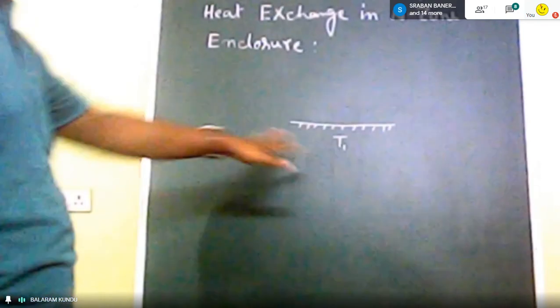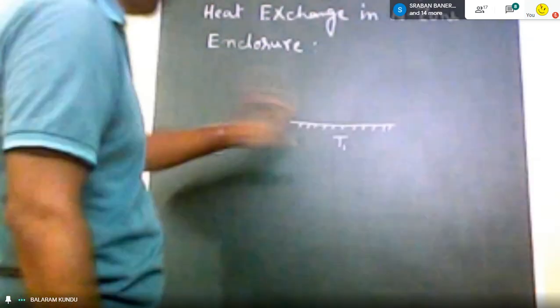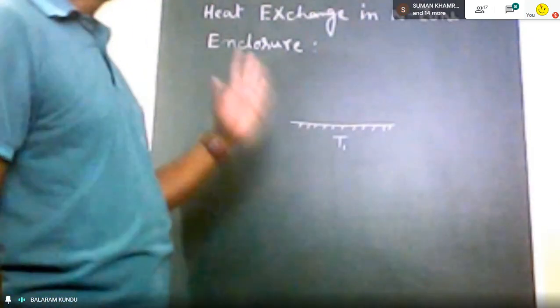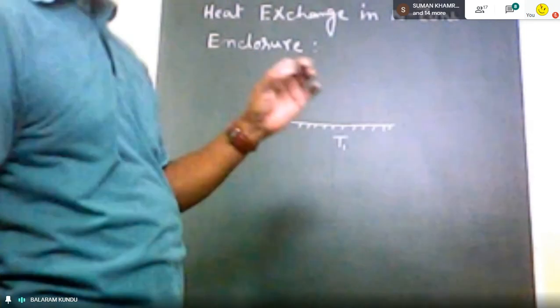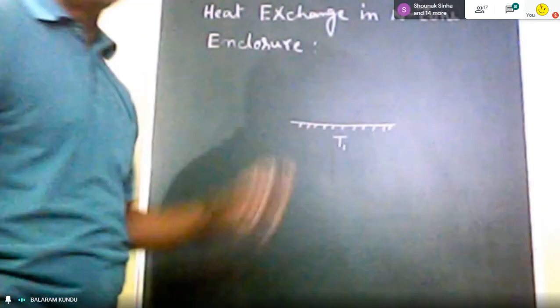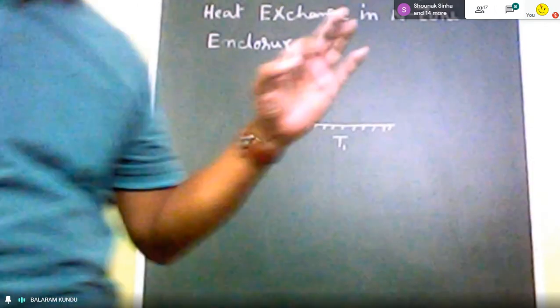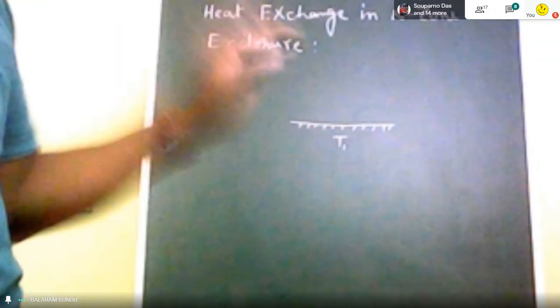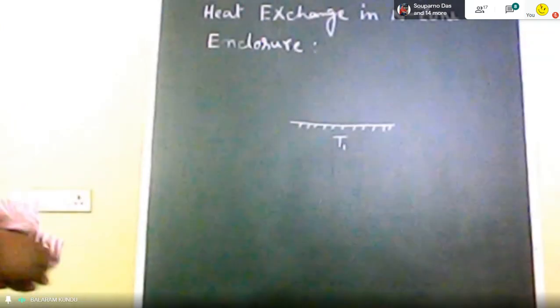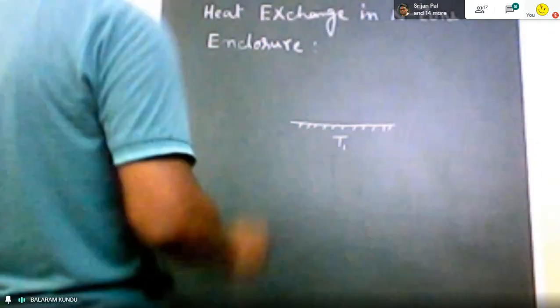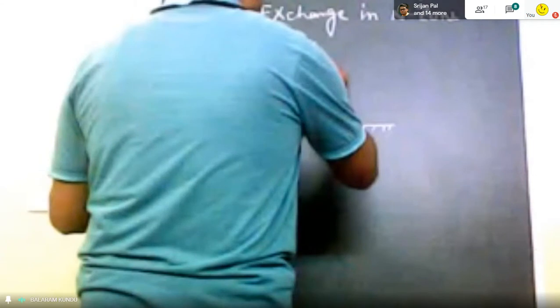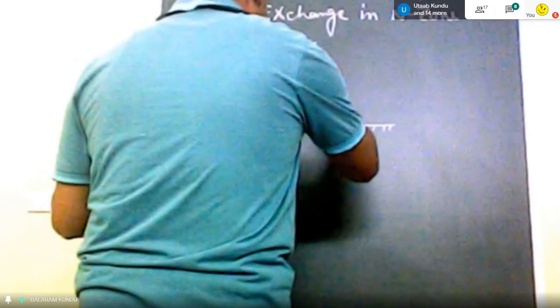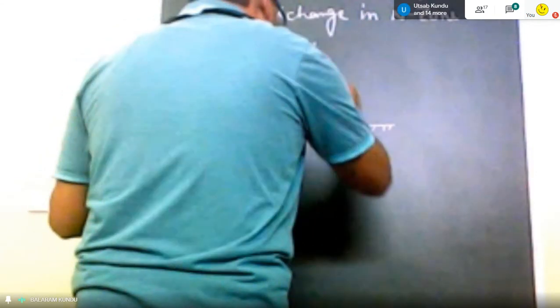So now just one surface, maintained at a uniform temperature, and this surface is a real surface. It is not a black surface. Now the incident flux falling on this surface, say Gi here. This is your incident flux.